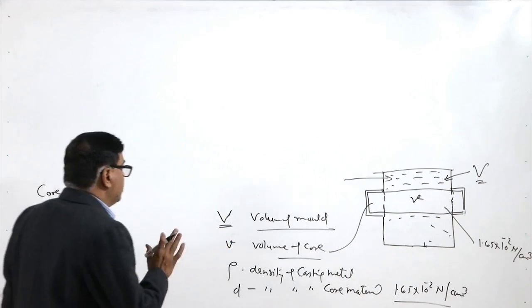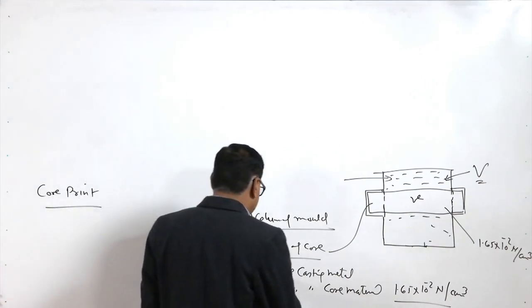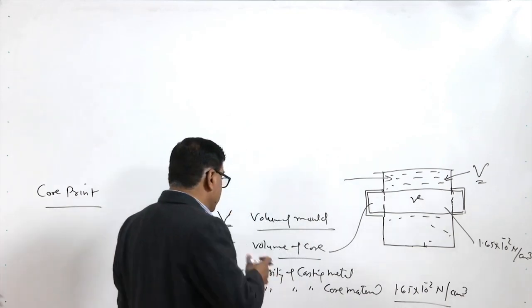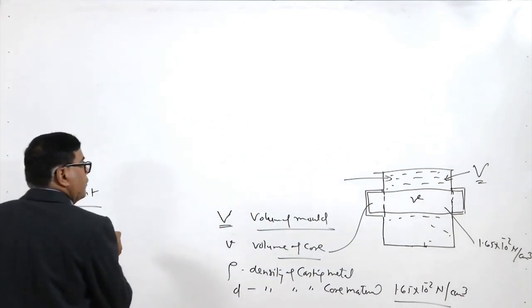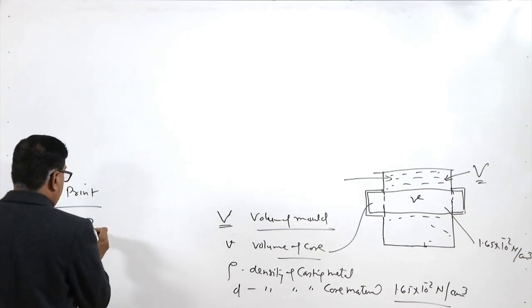To determine the forces, since most of the time the density of the molten metal is high, the buoyancy force will be acting in the upward direction.